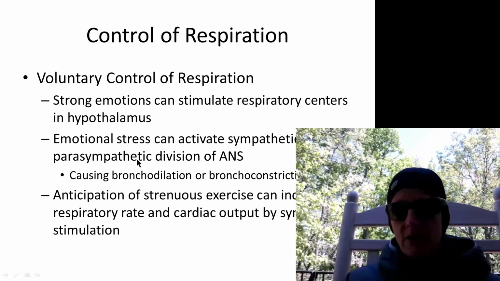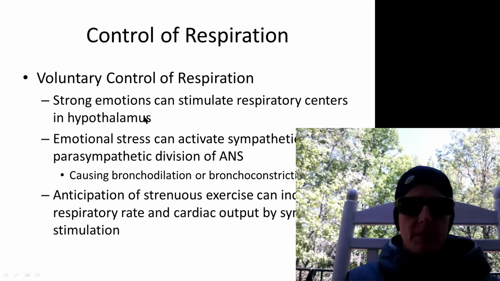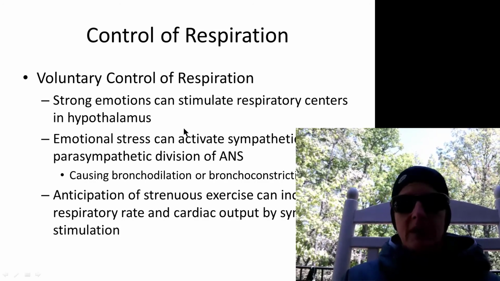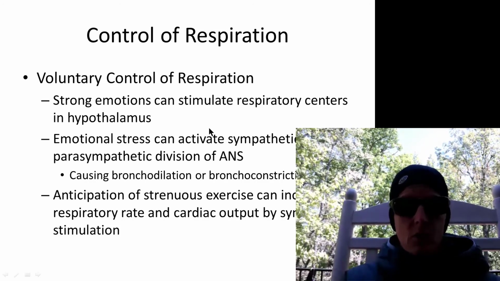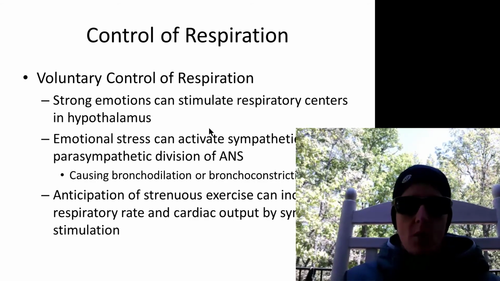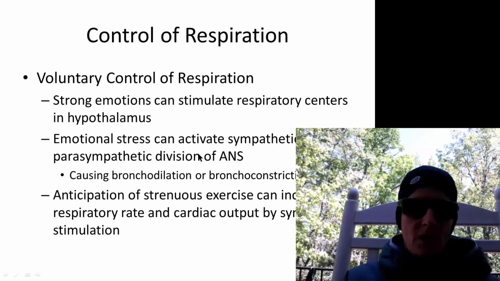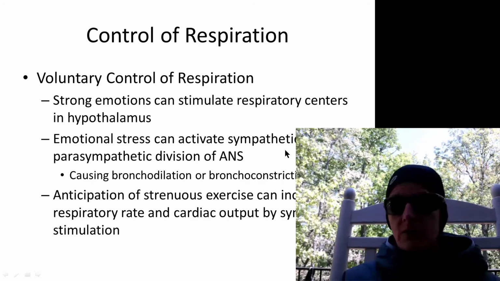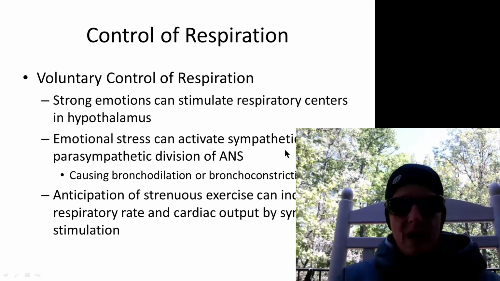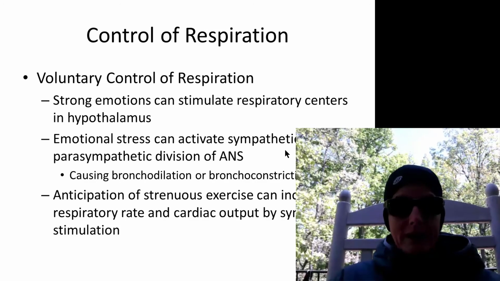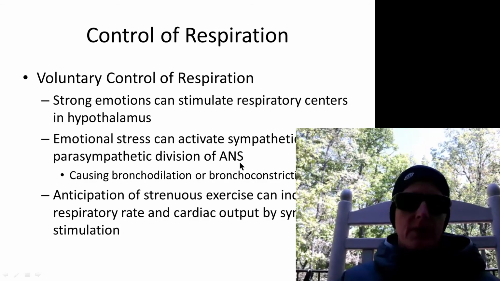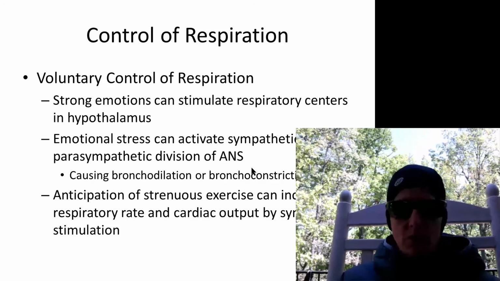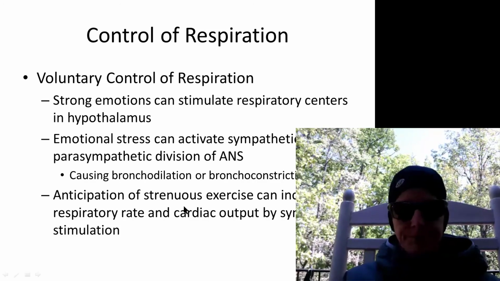All right, we have voluntary control of respiration. We've already talked about that. We've also talked about higher centers such as the hypothalamus that can exert some control over respiration. So we've talked about the fact that emotional stress can activate the sympathetic nervous system, and of course that will cause you to breathe faster. It will cause your bronchi to dilate, and the parasympathetic division would cause bronchoconstriction and would also cause you to breathe more slowly.